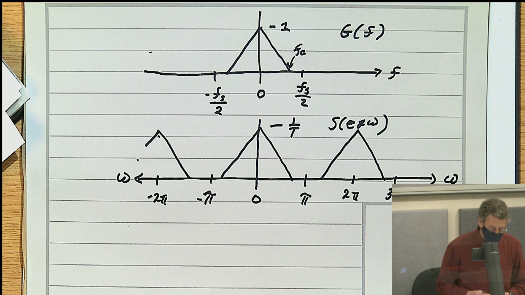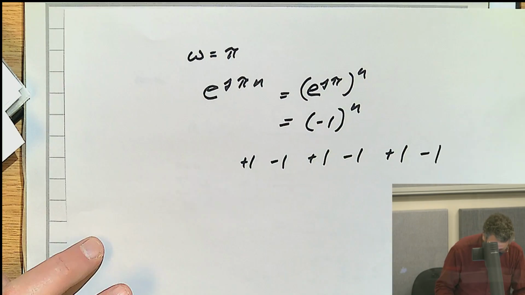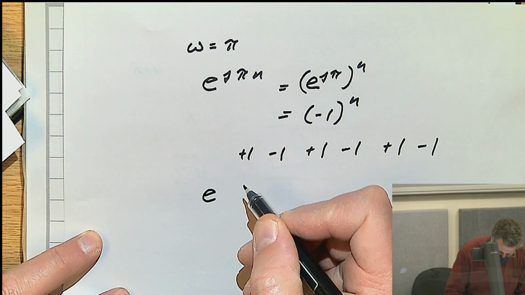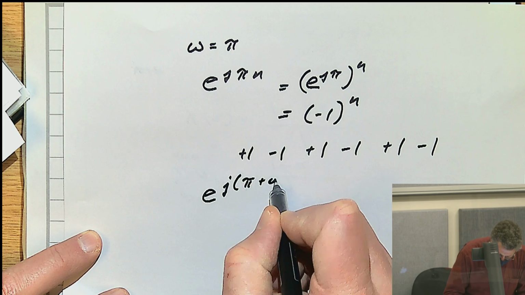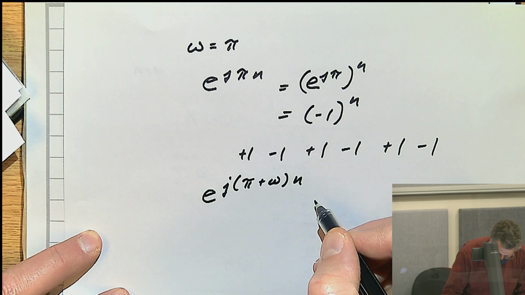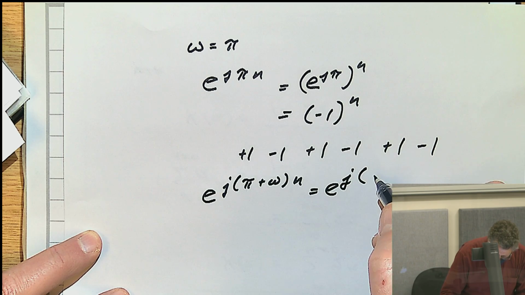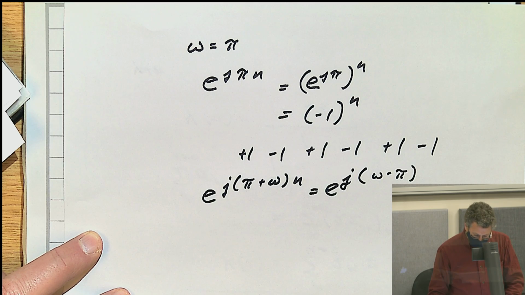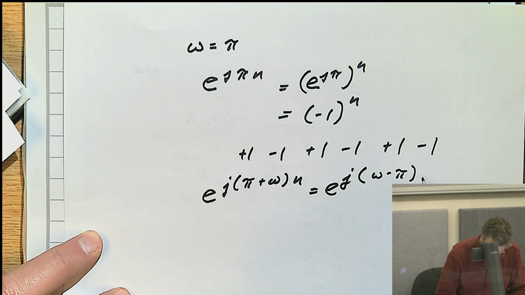And the reason it's called aliasing is because if you sample this signal, I think I did this last time, e to the j pi plus omega n, that's equal to e to the j omega minus pi, because that's the same thing as adding 2 pi n.